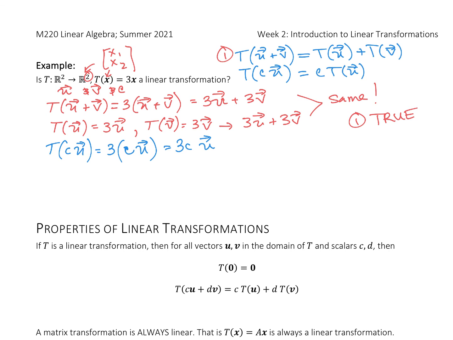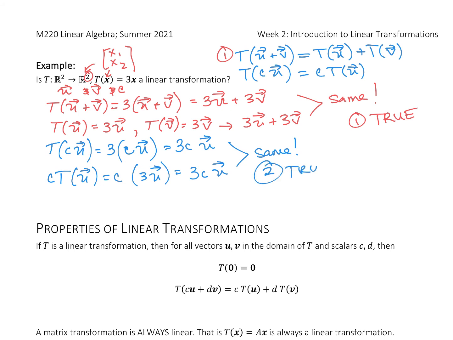Hey, look at that. Now I want to see what happens if I take that C after the fact and multiply it by my transformation. So I'm going to have C times my 3U. That looks a lot like 3C times U, so those are also the same. So number 2 is true.